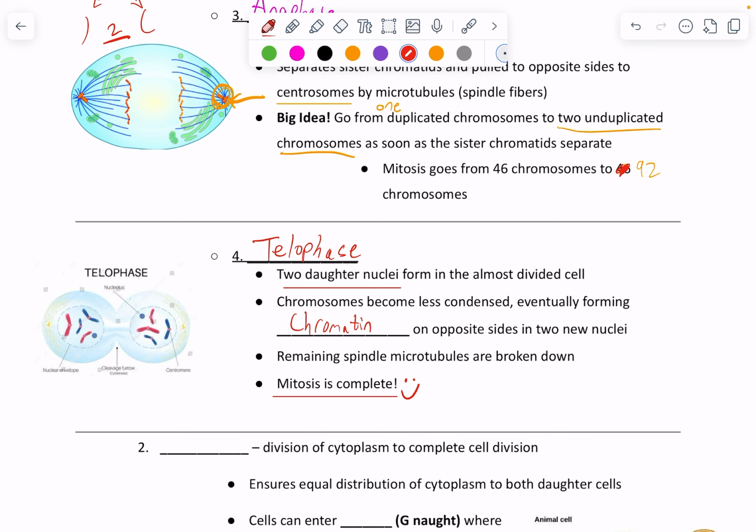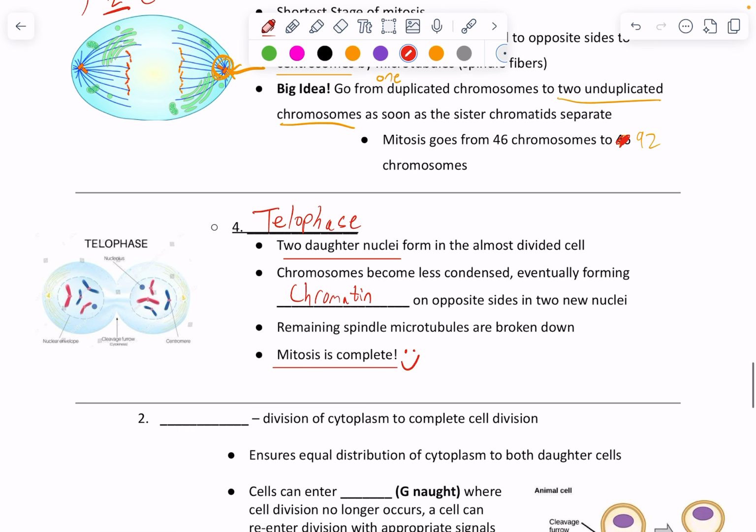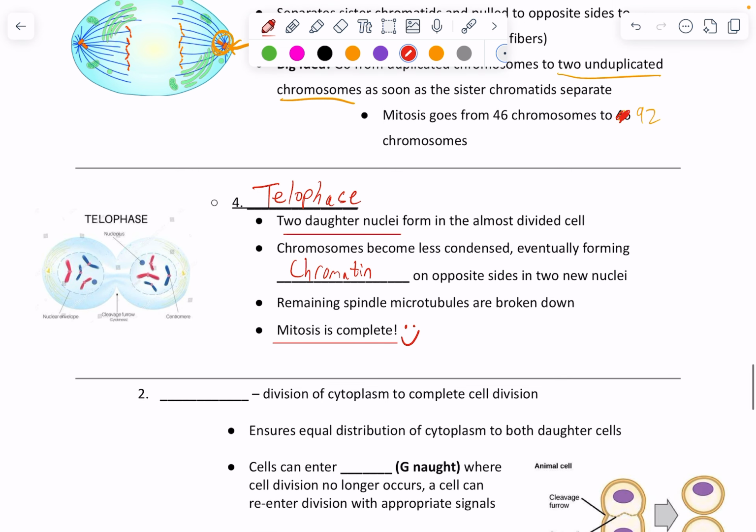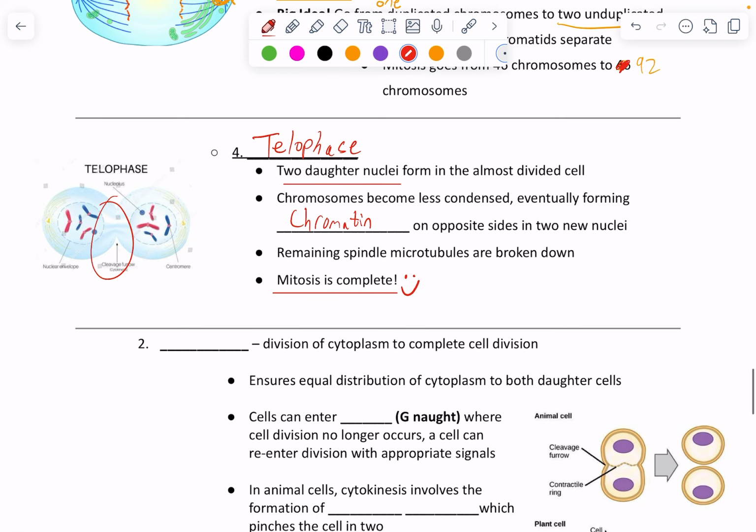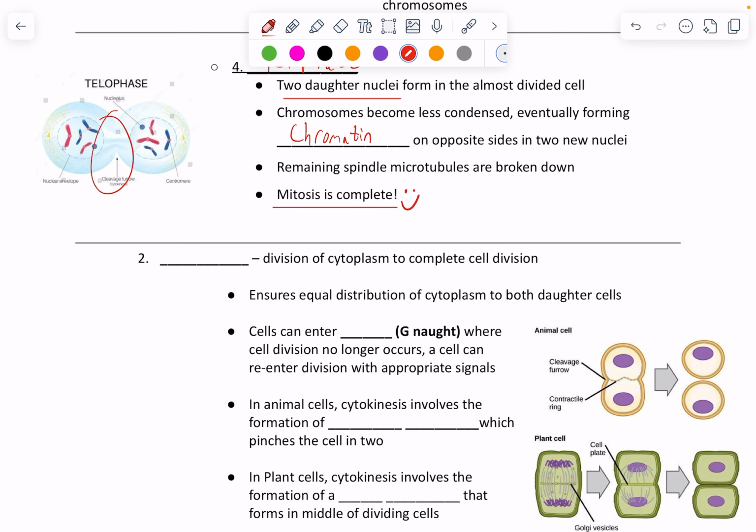Nice. Okay, so we still don't technically have two cells yet, though, right? We have two nuclei, one cell. And so we still have to basically separate the cytoplasms of the two cells to actually make them two. And so this is called cytokinesis. If we break that word down, cyto, we know this is about cell.